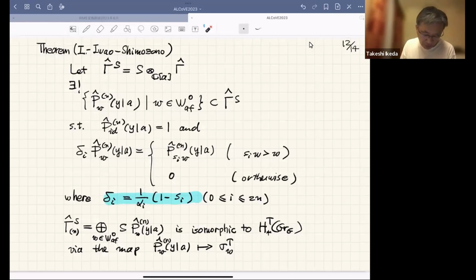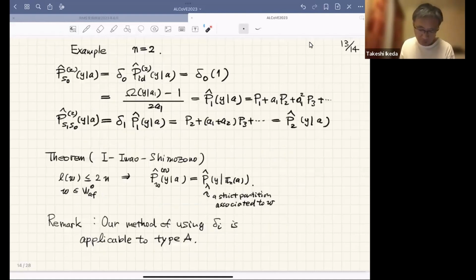So let me show you the simplest example. As we see in the previous slide, the first non-trivial function appears associated to s0. It is given by applying delta 0 to just 1.